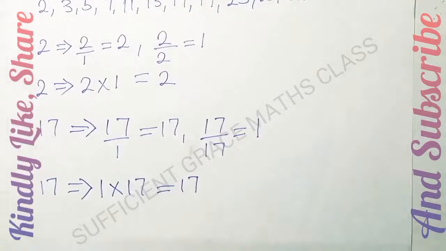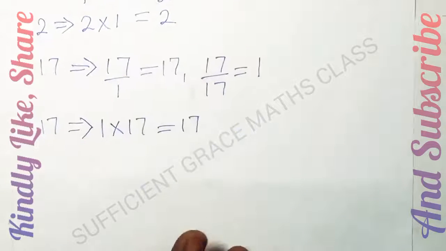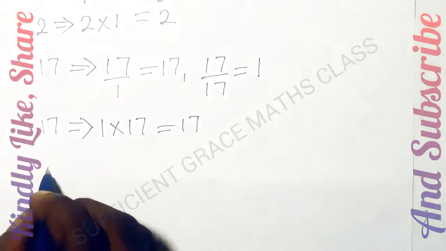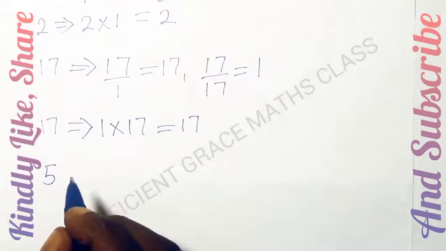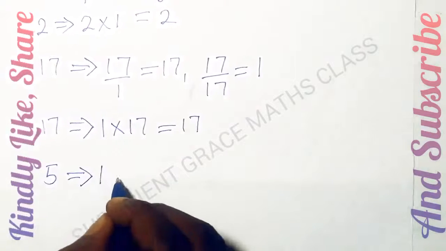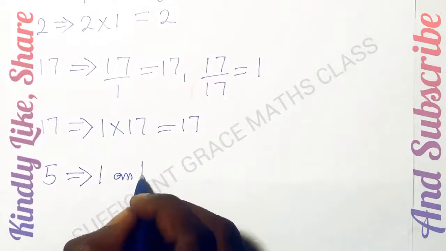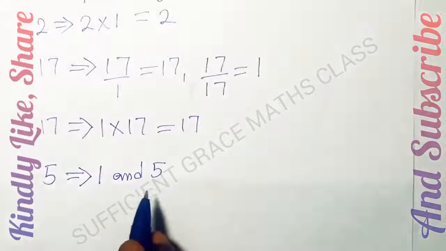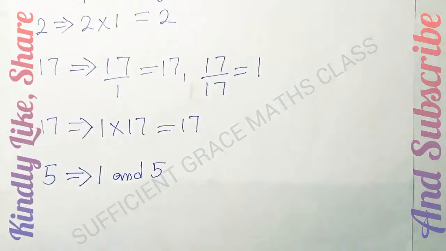Another thing I want to bring to your notice about prime numbers is that a prime number has only 2 factors, which are 1 and itself. For example, let us pick 5. 5 as a prime number. The only 2 factors of 5 are 1 and 5. And these are the 2 factors that can only be multiplied together to give us 5.